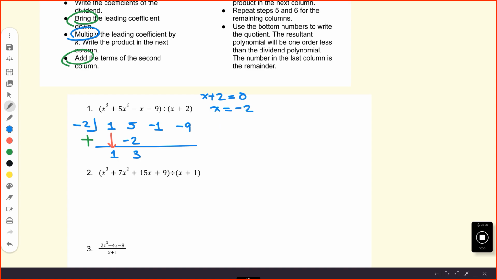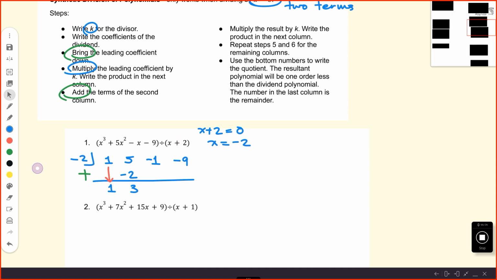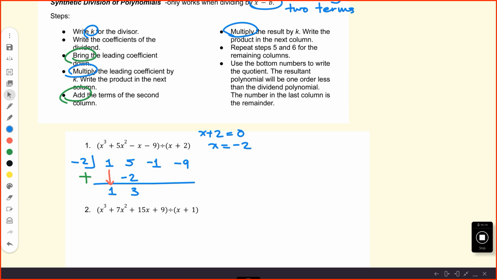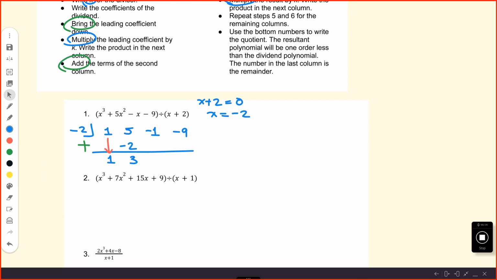Once you get the sum at the bottom, you multiply the result by the k again and repeat the process. -2 times 3 is -6. Then -1 plus -6 is -7. You just carry down the first coefficient. Then -2 times -7 is +14, and -9 plus 14 is 5.